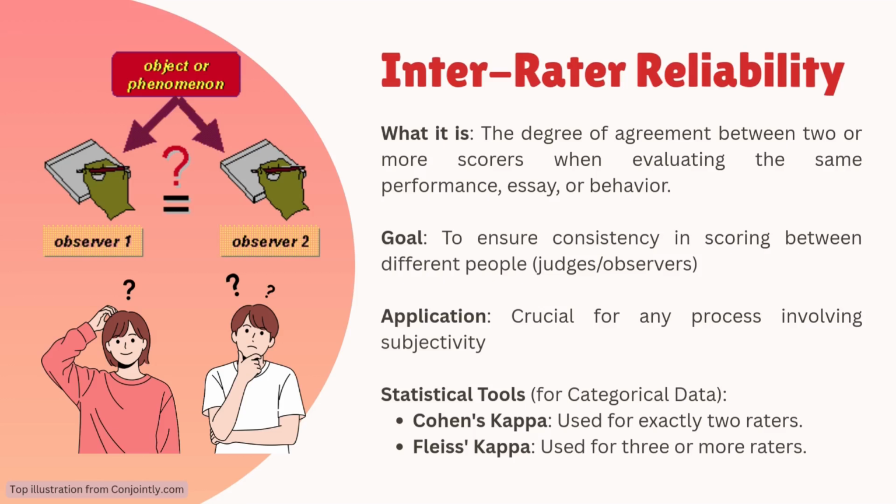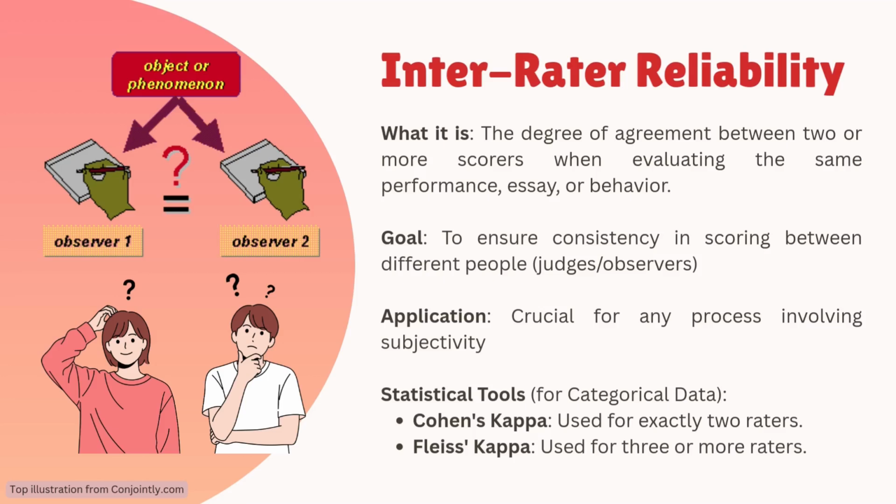So when scoring involves a categorical scale, which means the judges are placing an observation into specific categories or types, like low, medium, or high, rather than just assigning a continuous score, which is a number, you have to use certain specific statistical tools. This includes Cohen's kappa, which is used when you have exactly 2 raters scoring the same thing, as well as Fleiss' kappa, which is used when you have 3 or more raters scoring the same thing.